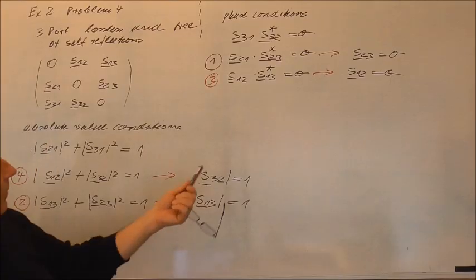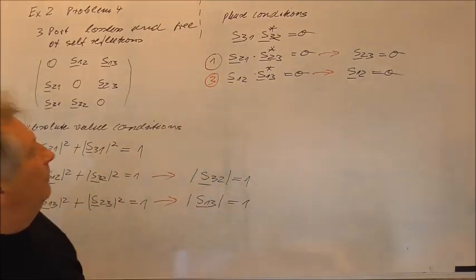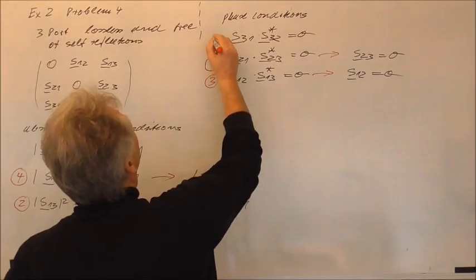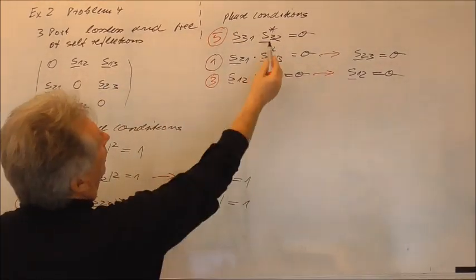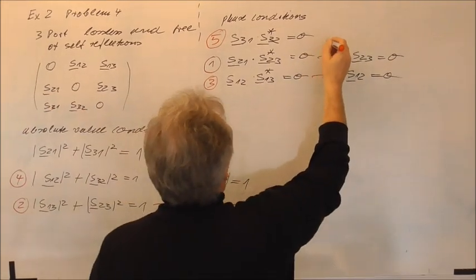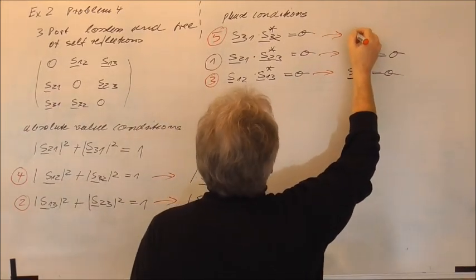And again, you can go now into this equation 3, 2, then we have here the number 5. If S32 is 1, then S31 must be 0.